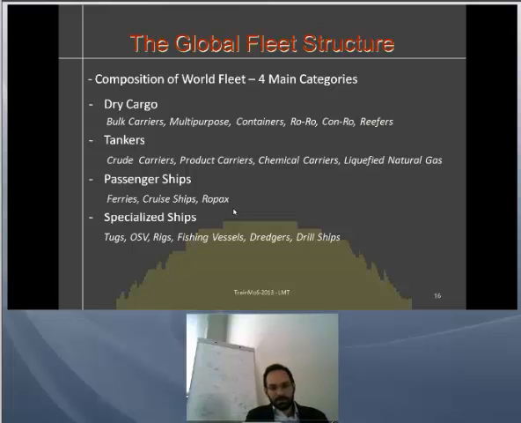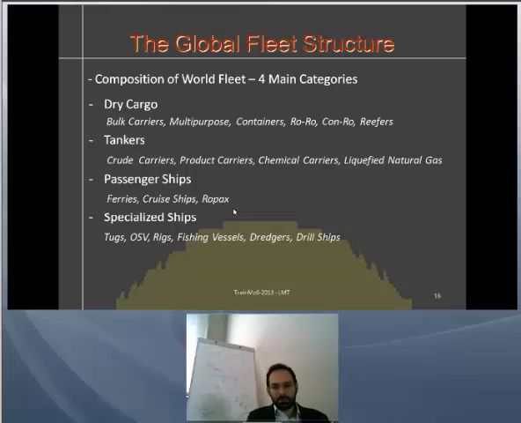Then the passenger ships mainly consist of ferries, whether day ferries, night ferries, or cruising ferries. And then we have the cruise ships. The cruise ship fleet has been developing steadily in the last years, mainly from ships built in Europe, and from 2 or 3 main operators worldwide.